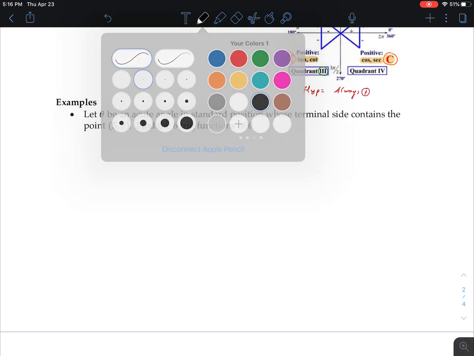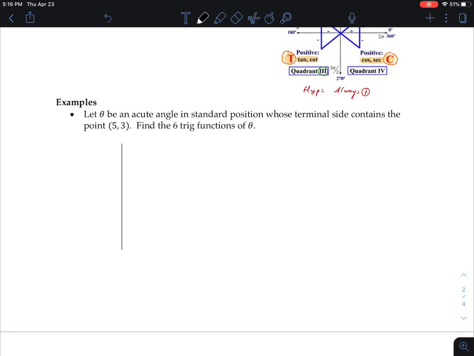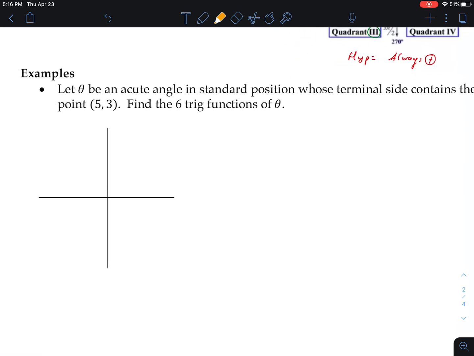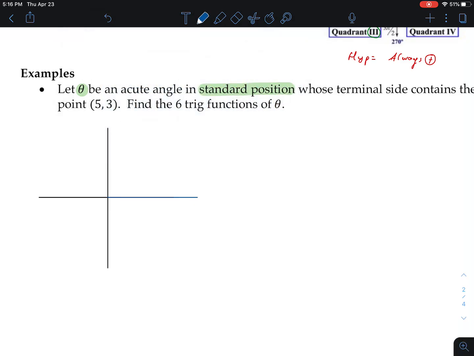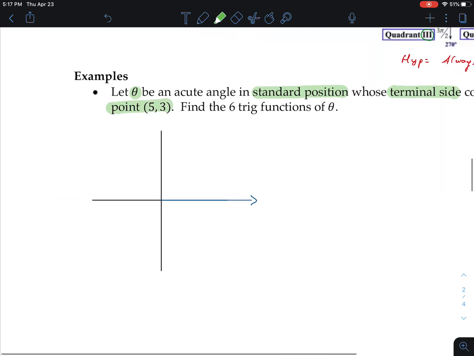Let theta be an acute angle in standard position. So here's my coordinate plane, and I've got theta in standard position, so I'm starting right here. The terminal side contains the point (5, 3).